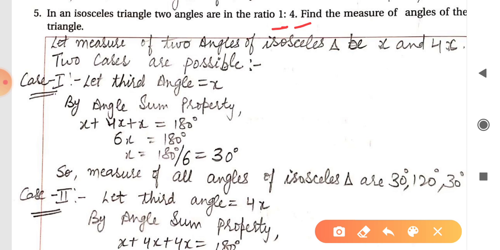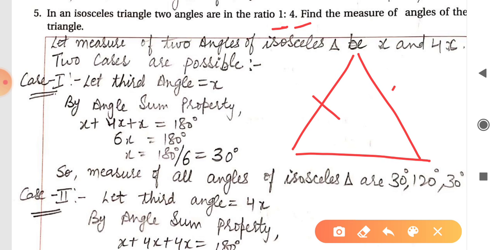We know that in an isosceles triangle, if the sides are equal, then the opposite angles will also be equal, and we are given that two of the angles are x and 4x. Let one be x and the other be 4x. If it is x, then the other will also be x, because opposite angles of equal sides are equal.